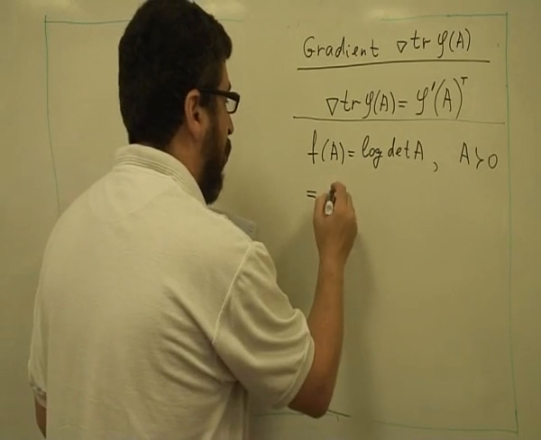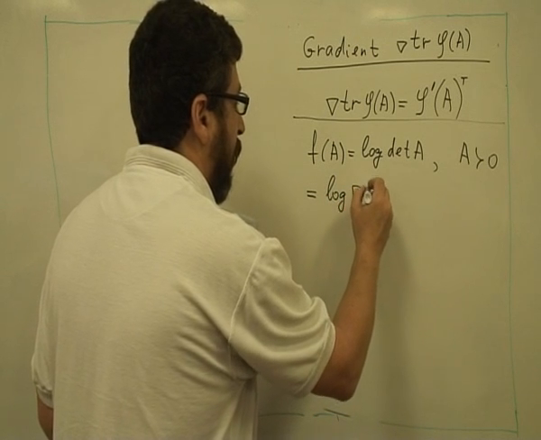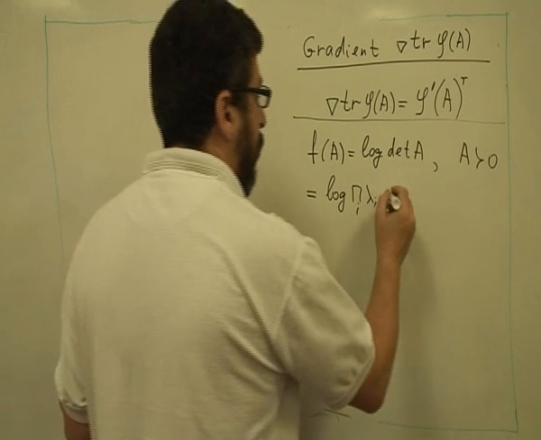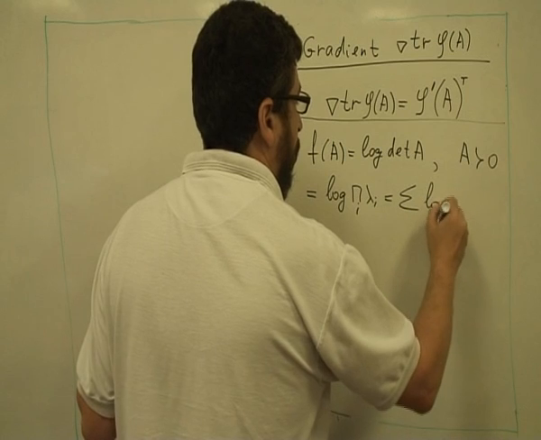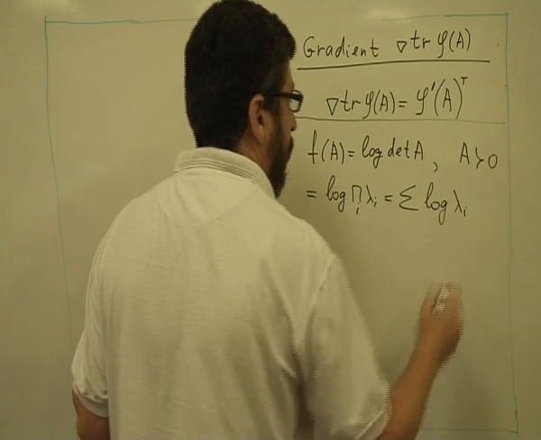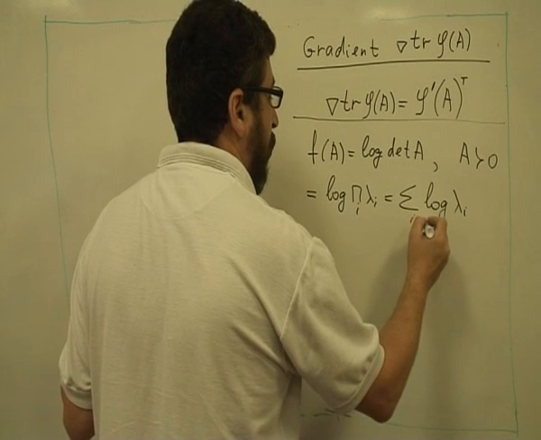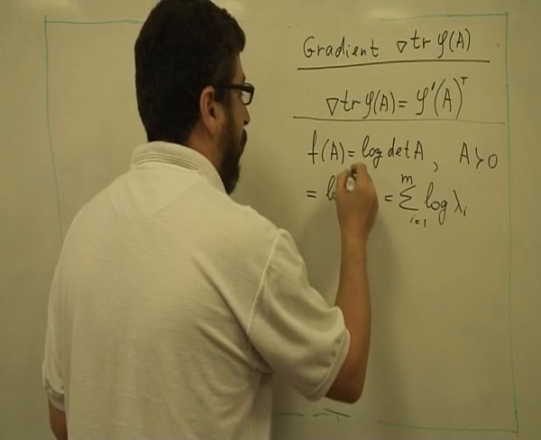What is written here is the log of the product of eigenvalues, or the sum of logs of eigenvalues, i from 1 to m.